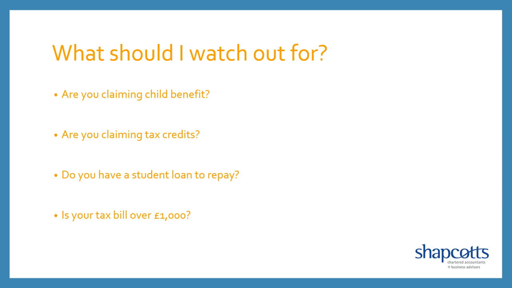So if, for example, in one tax year, your tax bill is £1,500 and you pay that in January, when the tax bill is due for payment by the 31st of January each year, the taxman will actually say, oh, your tax bill's over £1,000. I want some for next year, please.